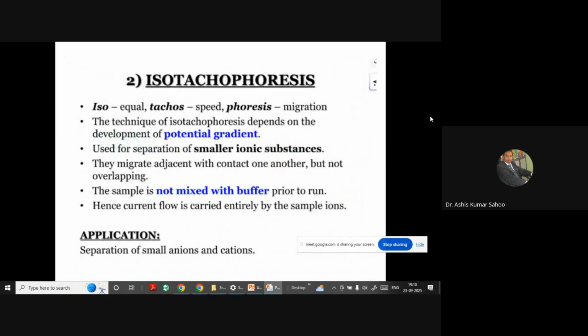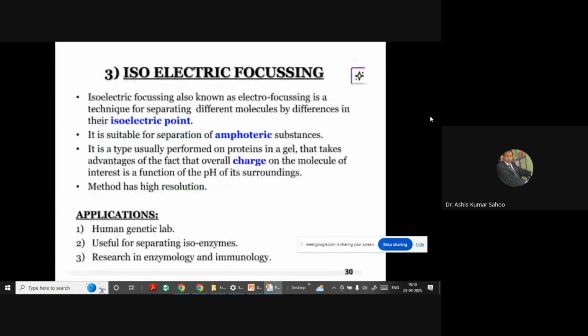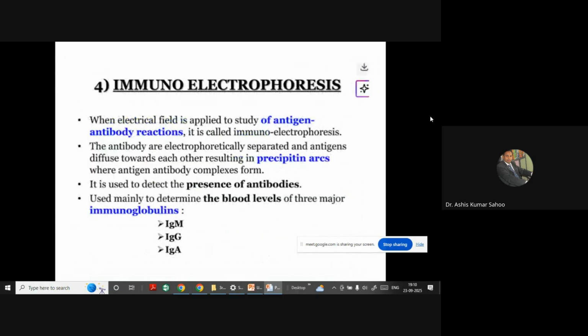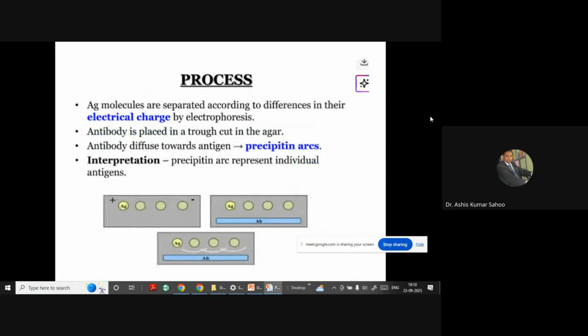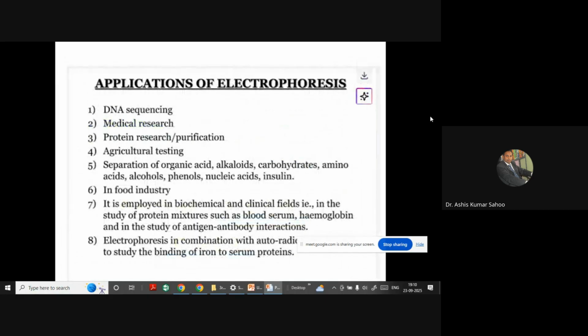Isotachophoresis has the same migration capacity. Isoelectric focusing. Immunoelectrophoresis is used in biological and pathological processes. So this is the application of electrophoresis, and in which cases electrophoresis is used, you can see.